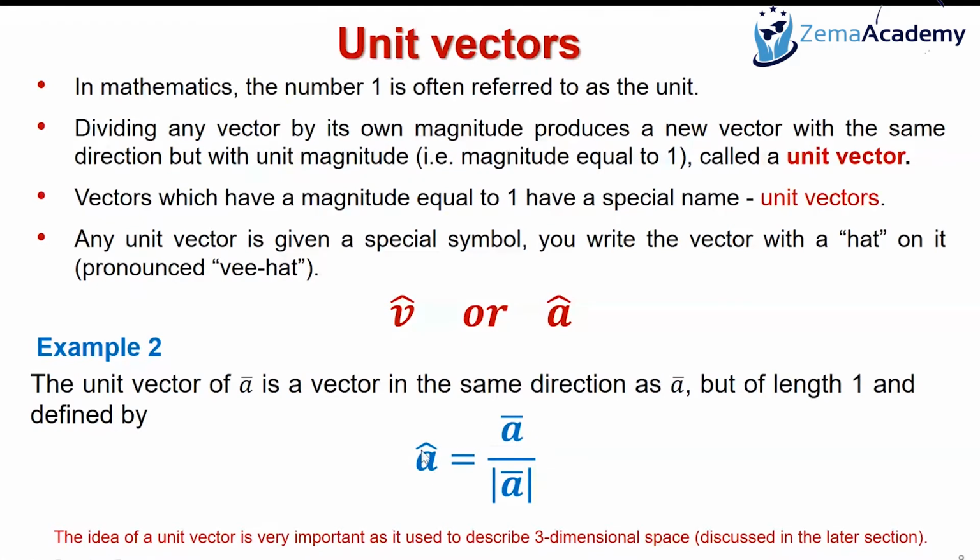However, the A with a hat over it is a unit vector of A. So it is the unit vector of A, which has the same direction but its magnitude is just 1. Now why we need this unit vector, I will explain in more detail in the later slides when we deal with 3D vectors.